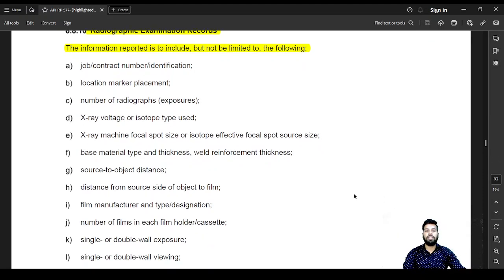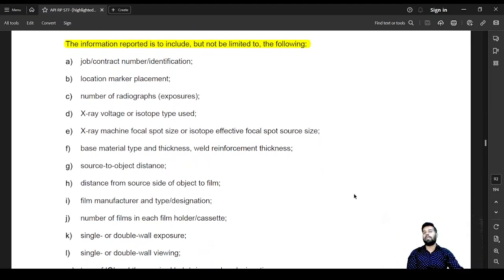Radiographic examination records. These records are to be provided. These are the minimum points that are written.